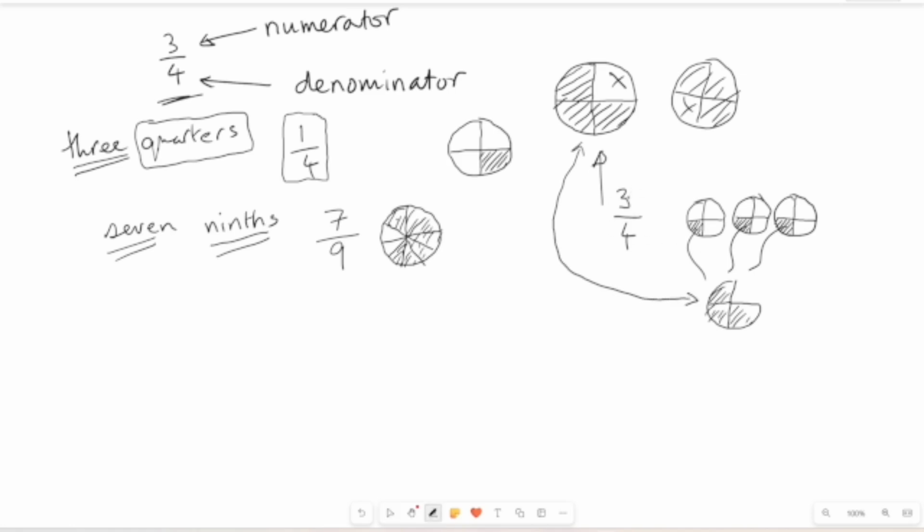So we can think of a fraction as being, let's do a fraction, we'll just use letters, a over b. These could be any numbers.